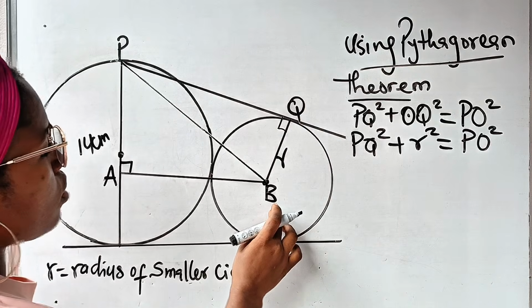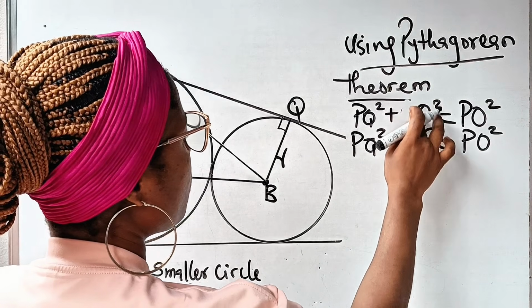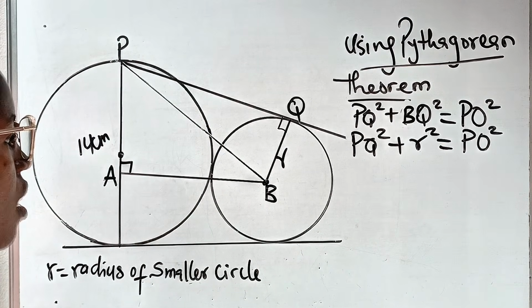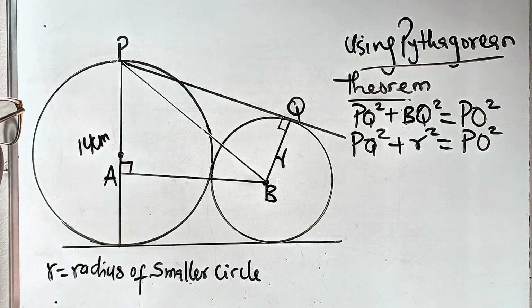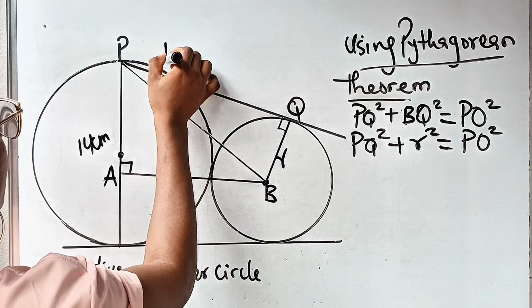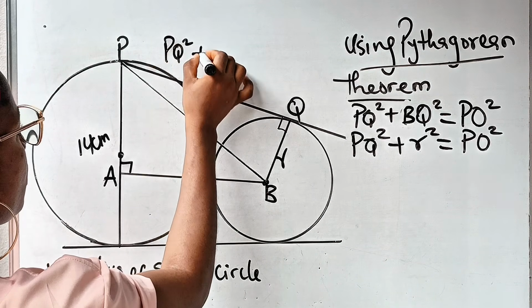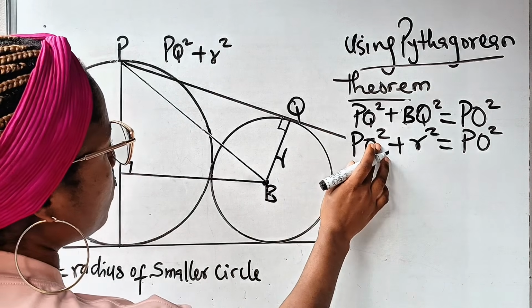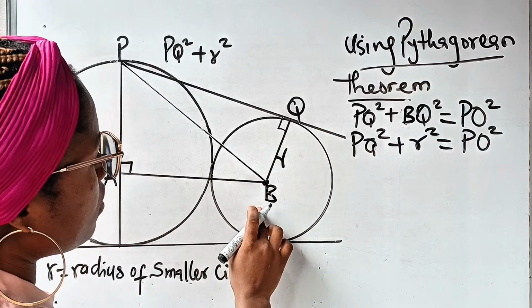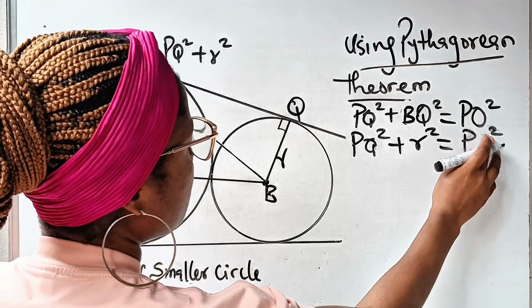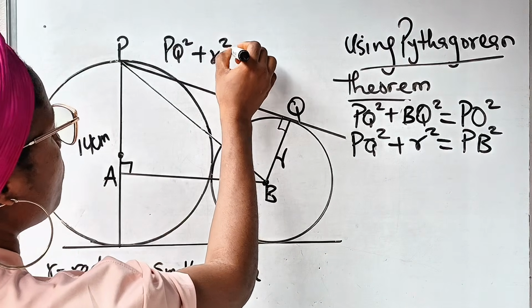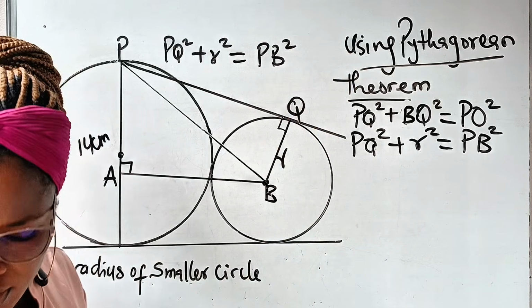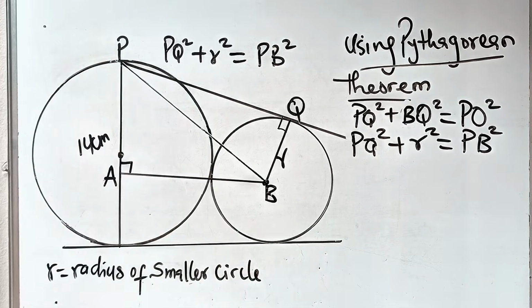So OQ becomes BQ, and we've corrected it here as R squared. So we write this first statement: PQ squared plus R squared gives PB squared instead of PO squared. Now clean this, because at this point we don't really need it anymore.